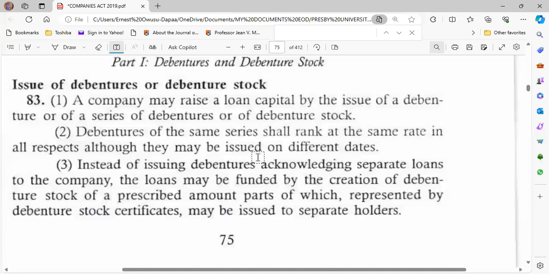So that's about 20 units of 5 million Ghana cedis debentures, which will constitute that 100 million. If any person or entity comes and takes one or two, he or she will get a certificate, but the certificate forms part of the block loan that we talk about, the 100 million. So that is what 83.3 is telling us.